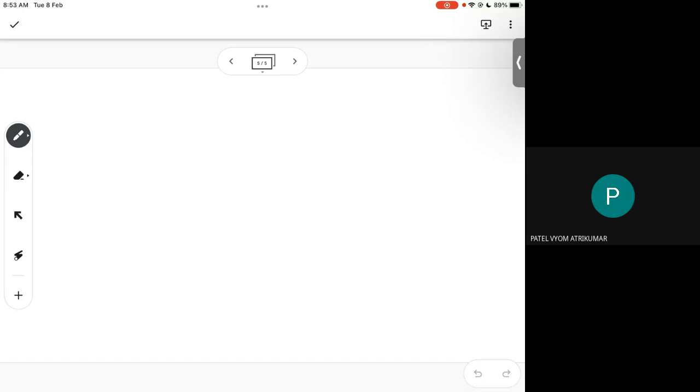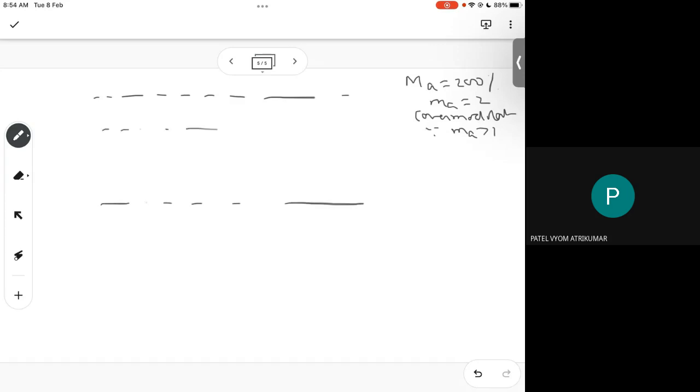Let's take the case of MA equal to 200% or MA equal to 2. That means it is over modulation, because your MA is greater than 1. In this case, our pattern will look like this. This is something I will draw here, as we have seen. This is the type of pattern that you will be seeing.